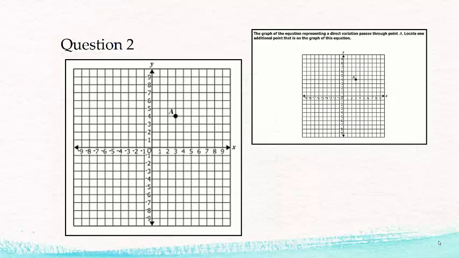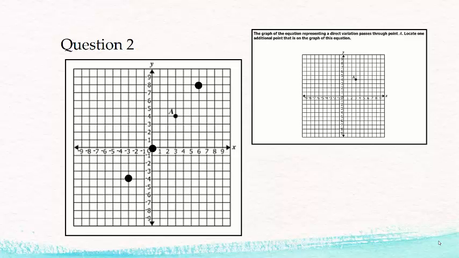Alright, now remember that direct variation goes through the origin. So we got a point there, and we follow that over 3, up 4, over 3, and we get another point at 6, 8, and another point.